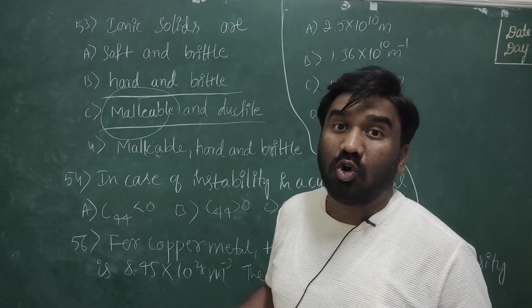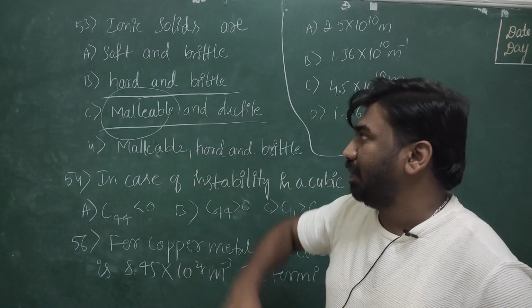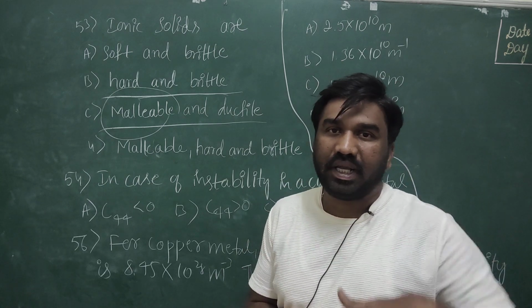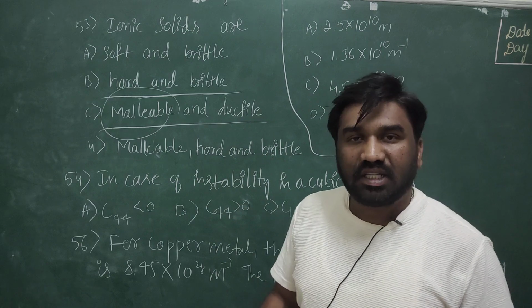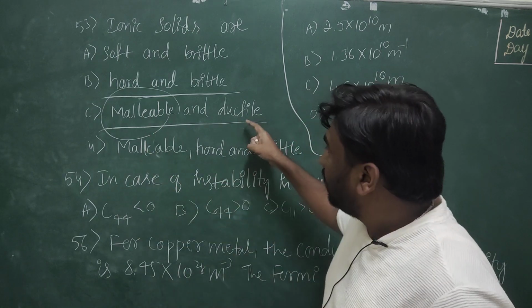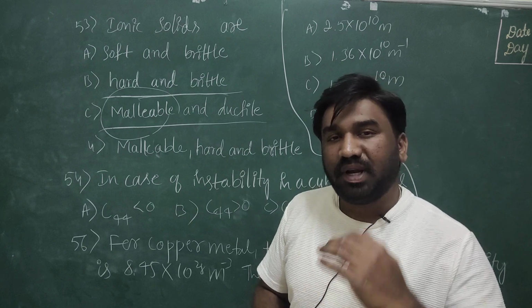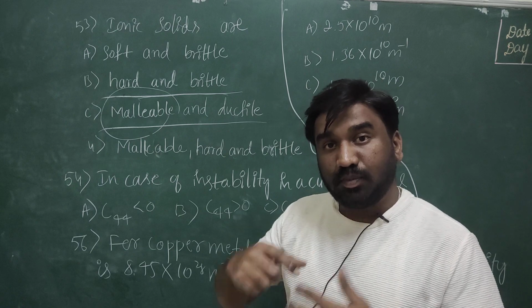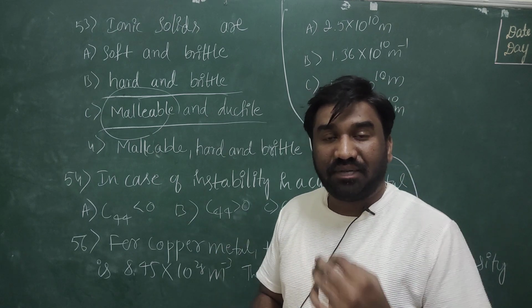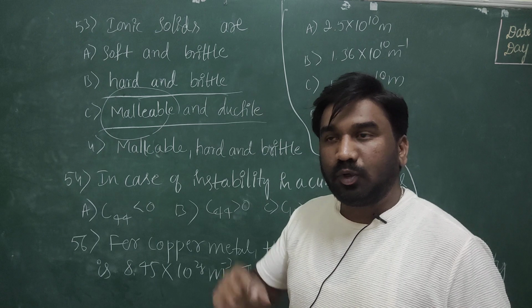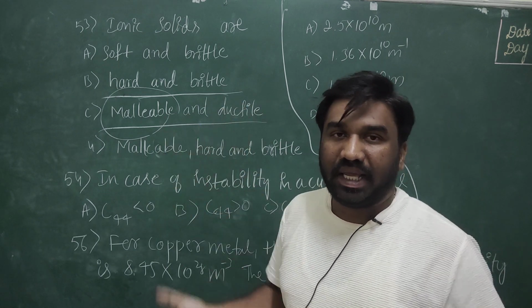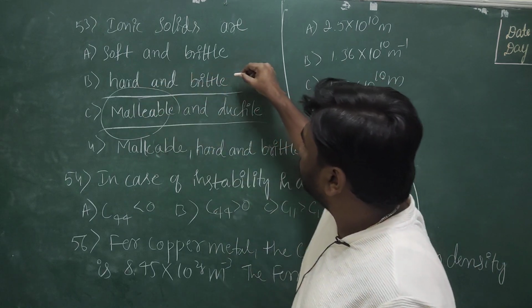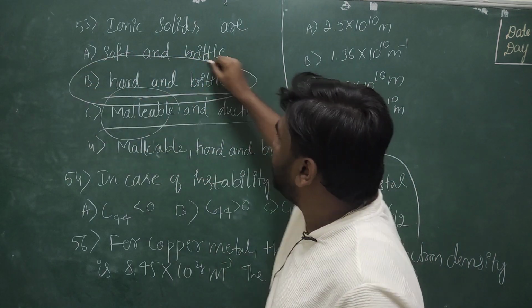Gold is a very good example of malleable. And ductile is a similar type of property, but a ductile solid will resist the applied force up to some level. It has more elastic property, but after applying a load up to the fracture end, it will break. So that is ductile. So ionic solids are hard and brittle. So option number B is correct.